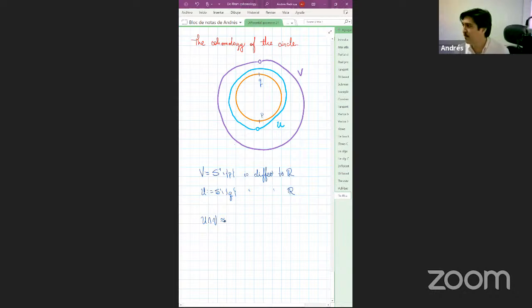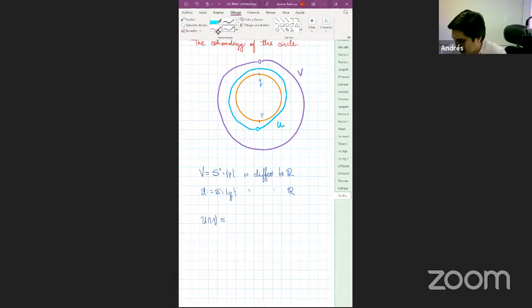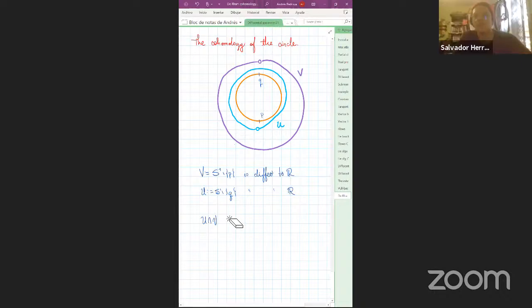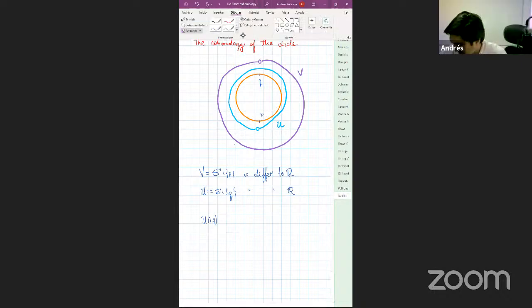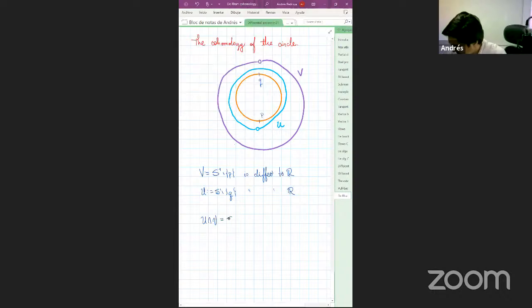What can you say about that? They will remove the zero. Wait, wait. So in terms of equality, that's true. So this is the circle minus 2 points.